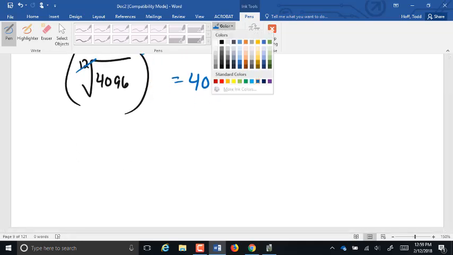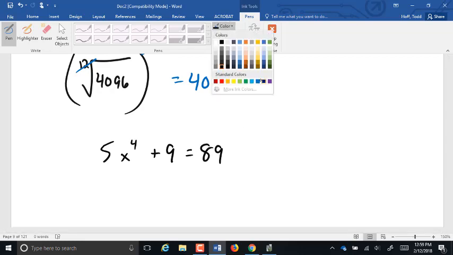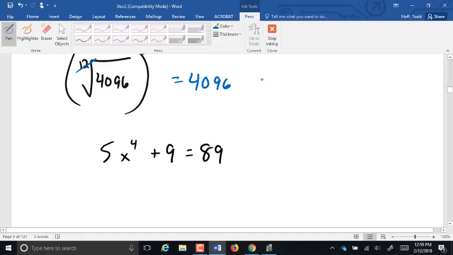So if I am using this to solve an equation, I can look at something like this, and I'm going to take it apart. Now, what has happened here to build this equation?